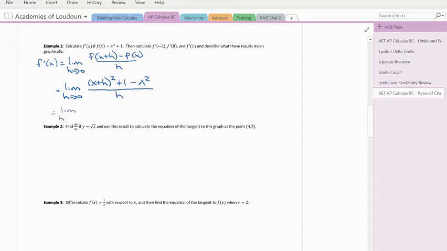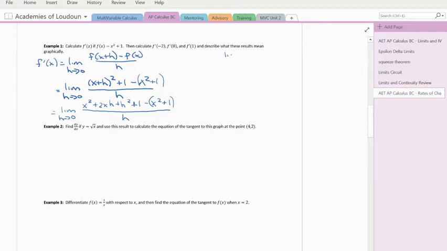This expands to x squared plus 2xh plus h squared plus 1 minus x squared minus 1, all over h.